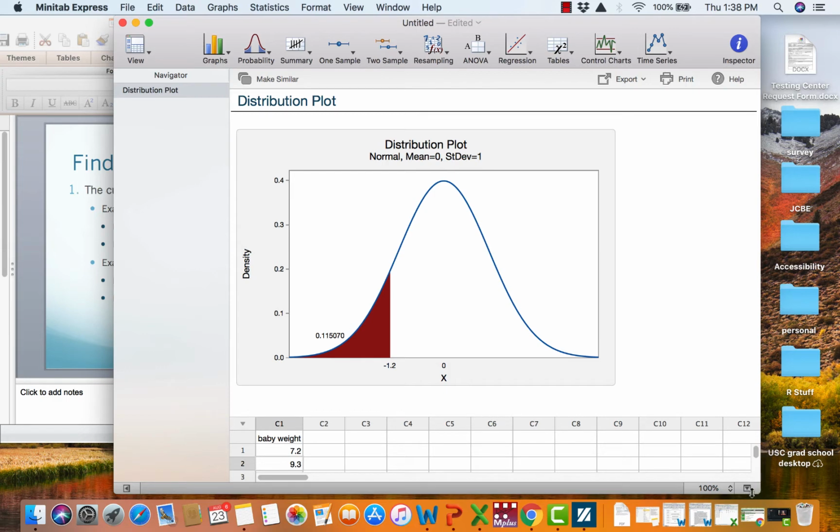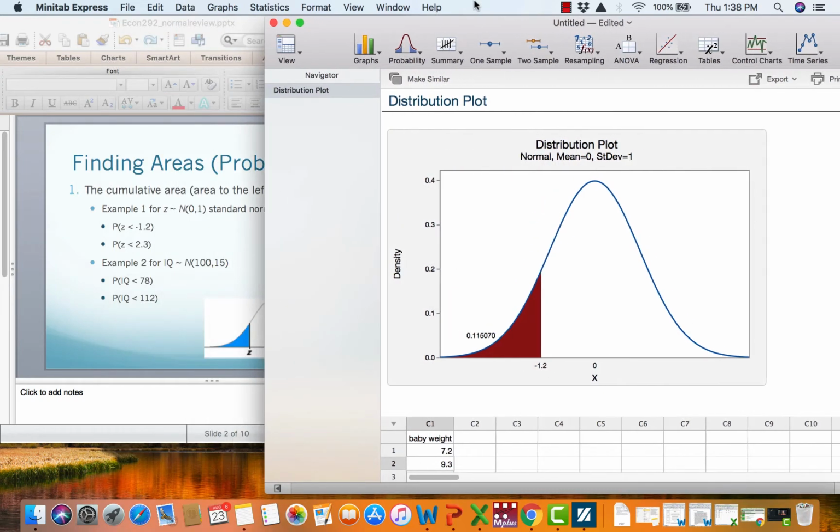And so what we're saying here is the probability that z is less than, to the left of, negative 1.2, and the software returns this long decimal number. Now, I am going to ask you on the quiz and on the exam to write this as a percent rounded to the 100th place.